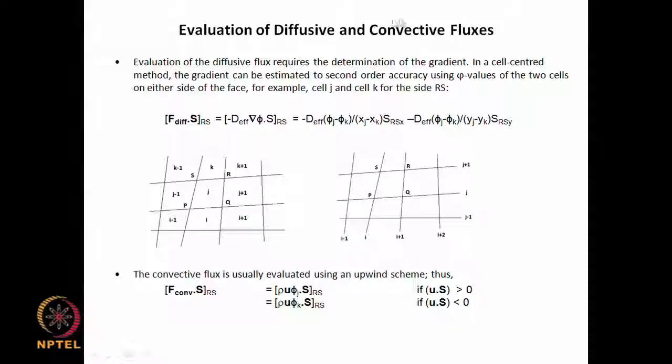The diffusive flux requires the determination of the gradient. In a cell centered method like this, the gradient is evaluated using the cell value here and the cell value here. For example, the diffusive flux F dotted S can be given as minus D effective, that is the diffusivity, times the gradient of phi dotted with S. We know how to evaluate S. We are looking at how to evaluate the gradient in such a way that it is consistent.